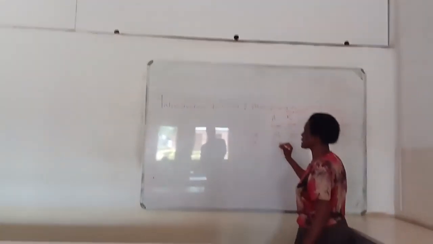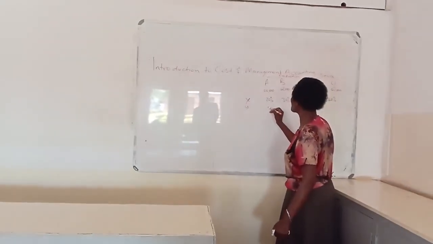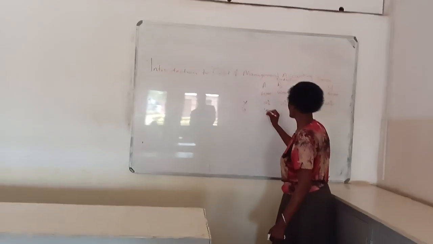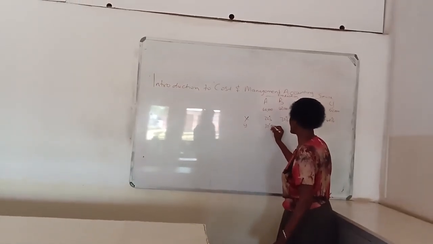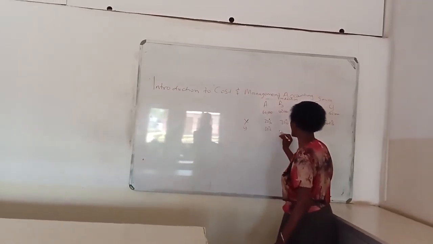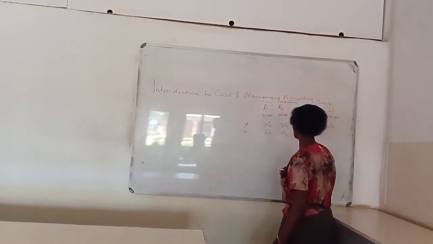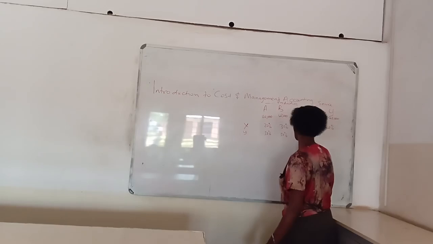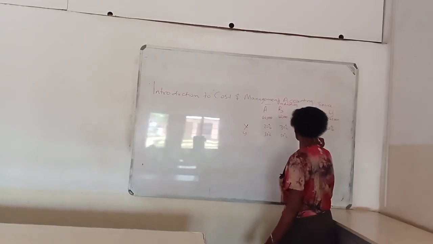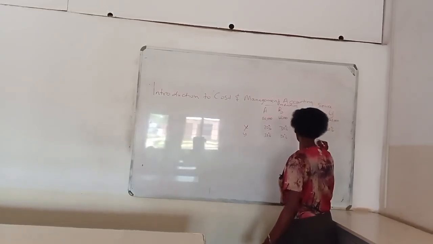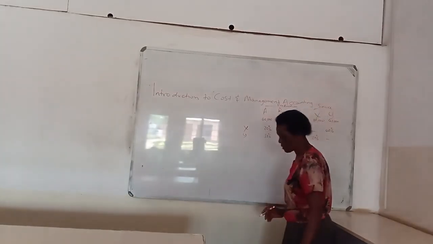Then we're saying Y, when it is given to the production cost centers, what percentage is he giving to A? 30%. The same with B, is it? Yes. Then C, 20. X, 20. Does he give to himself? No.